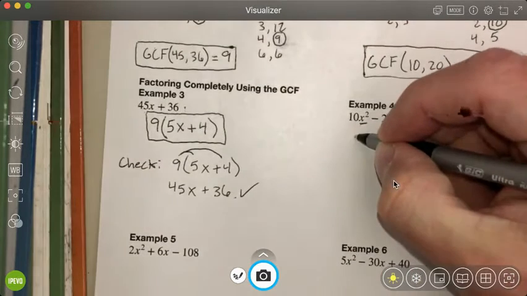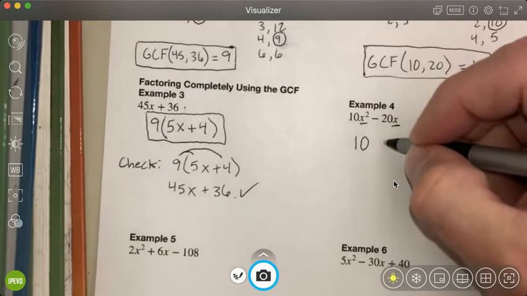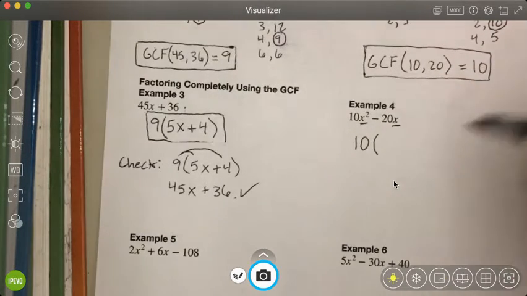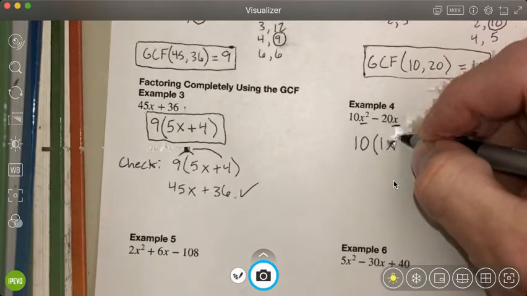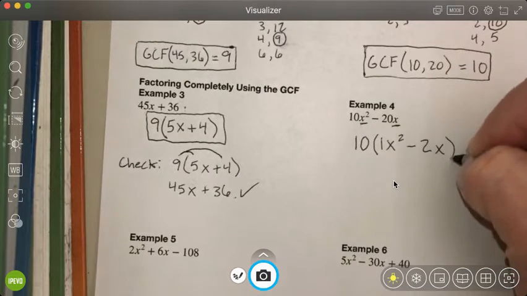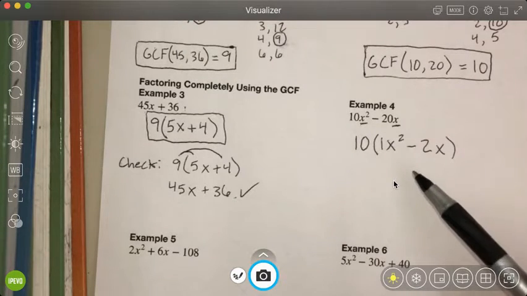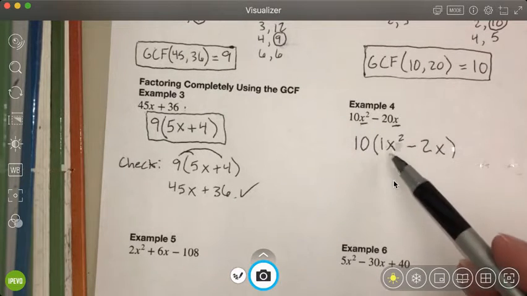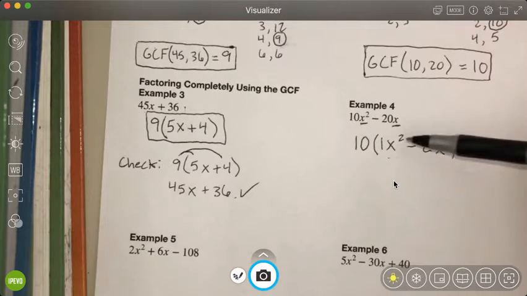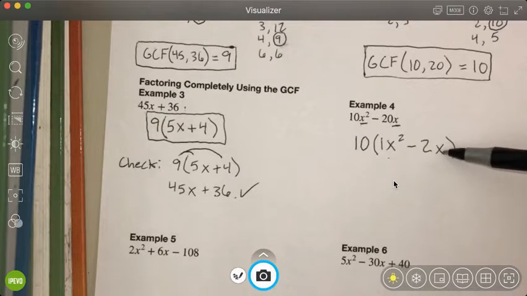First, let's start simple. We're going to take 10 out of both of these. That's going to give me 1x squared minus 2x. But this isn't factored completely yet because, once again, there's an x in both of these. x squared really means x times x, and here this is just x.